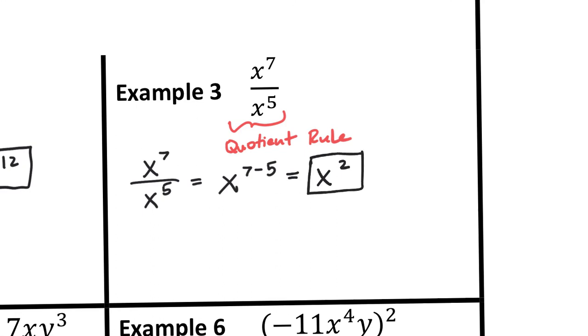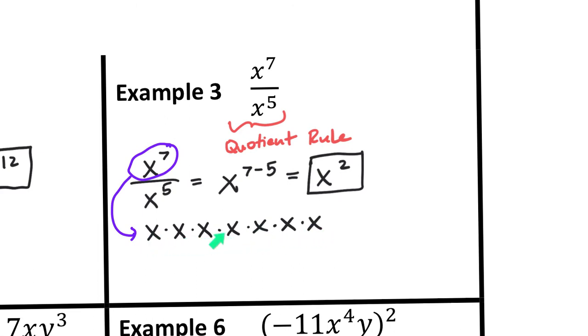Okay, and so what we want to think of here, what's happening in example 3, is if you want to think of x to the power of 7, it's the same thing as if I wrote x times x times x times x times x, 1, 2, 3, 4, 5, 6, 7. So if I multiply x 7 times, and then I'm going to divide this by x to the 5th.